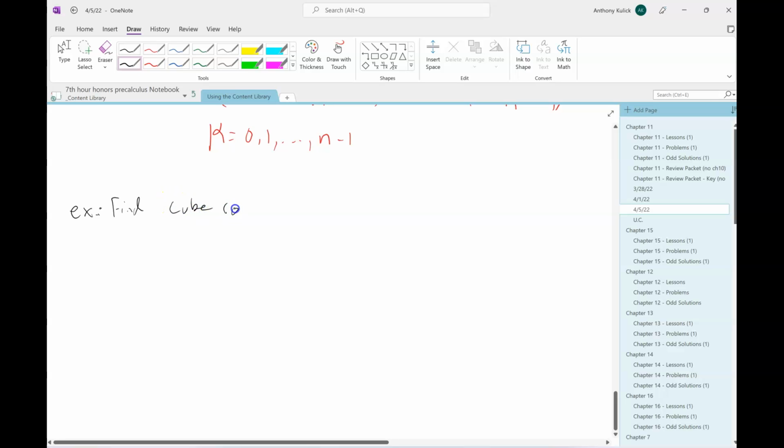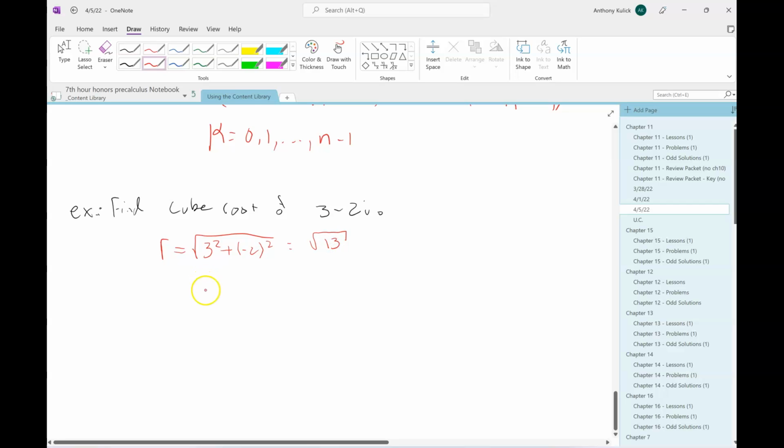So let's say we want the cube root of 3 minus 2i. First thing I should do here is get that complex number into trigonometric form, because I do not want to do this in standard form, since it is not pleasant.